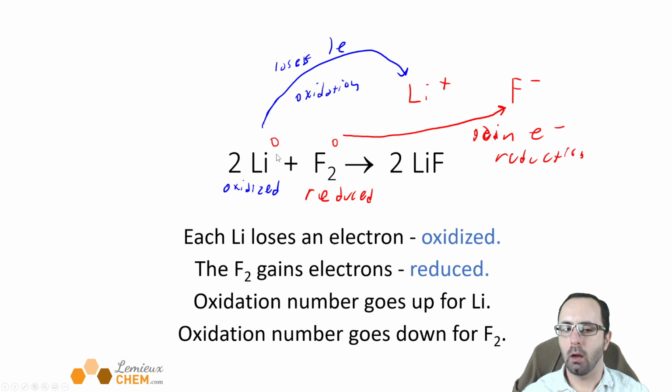When a metal atom becomes a metal ion, it becomes positive and it's oxidized because it lost electrons. When a nonmetal atom becomes a nonmetal ion, it's a negative ion because it gained electrons. It's reduced. Or again, you can think of the oxidation number too. The oxidation number went up for lithium. That's oxidation. The oxidation number or charge went down for fluorine. That's reduction.